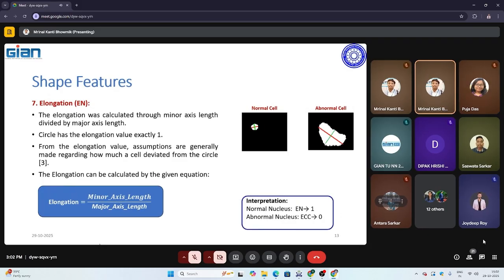In a normal nucleus, elongation is high, closer to 1, because the cell is round, or you can say slightly oval. In an abnormal nucleus, the elongation is low because the shape deviates from circularity. So we can find the elongation using this formula: minor axis length divided by major axis length.